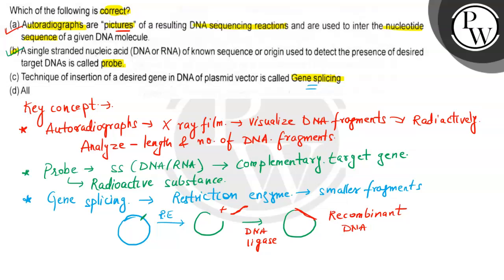So what we saw here is that the insertion of a desired gene in the DNA of a plasmid vector is called gene splicing. Absolutely correct, because we took the gene of interest and inserted it in the plasmid vector with the help of an enzyme, that is restriction enzyme. Again, this is the correct statement.